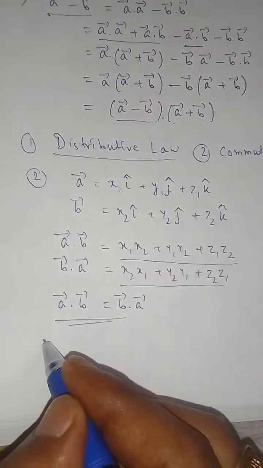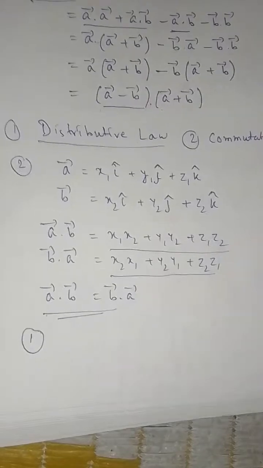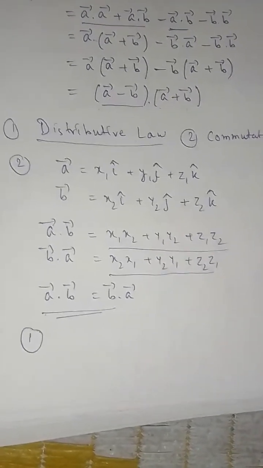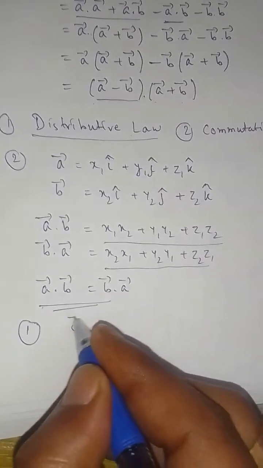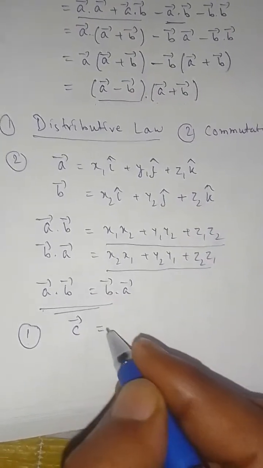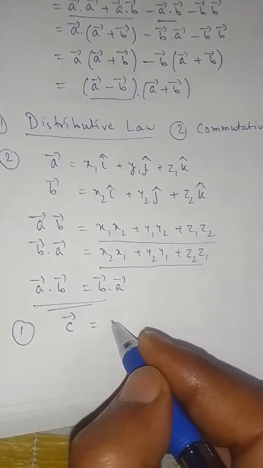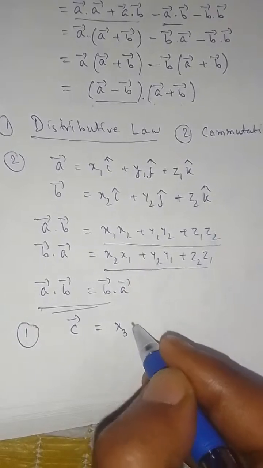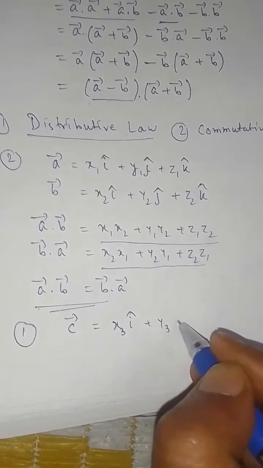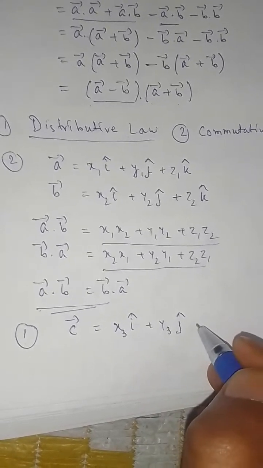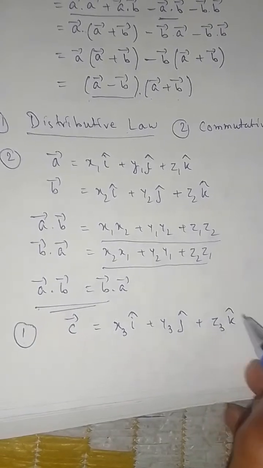And now we will introduce vector c. We are taking c vector as x3 i cap plus y3 j cap plus z3 k cap.